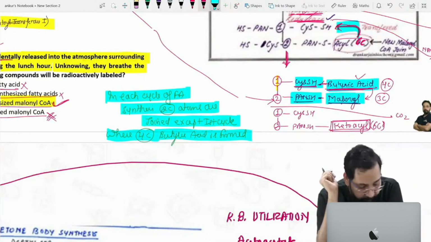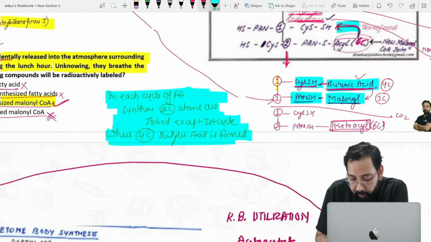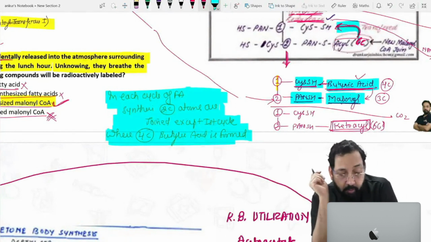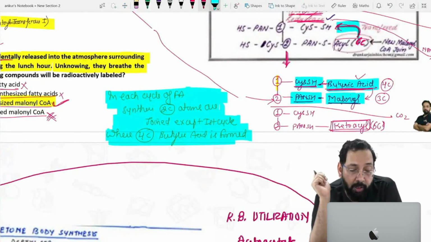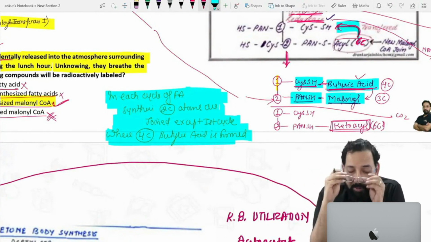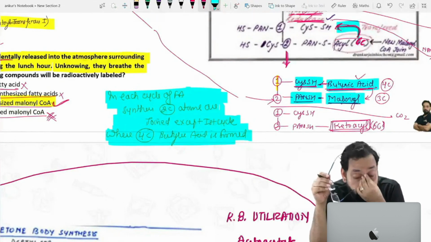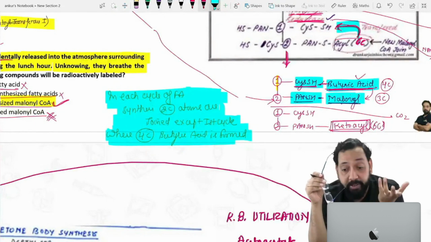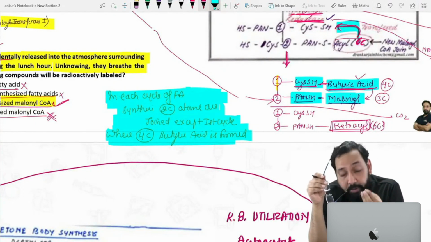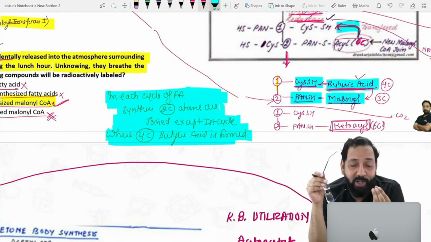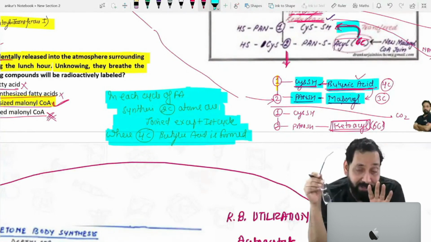Got the point? Although in the first cycle also 2 carbon atoms are joined to 2 carbon atoms, this question is asked. This was a question of PGI Chandigarh, that in the first cycle how many carbon atoms are joined. Actually in the first cycle also 2 carbon joined to 2 carbon, but the resulting compound is a 4 carbon fatty acid.